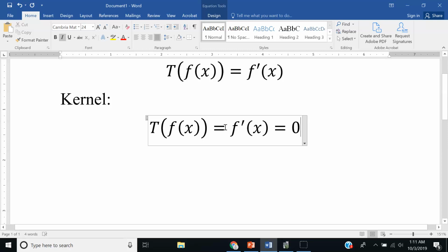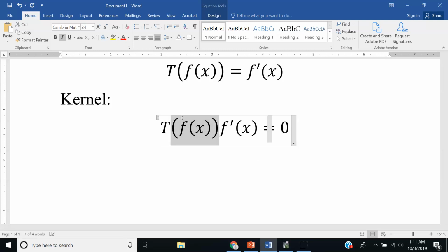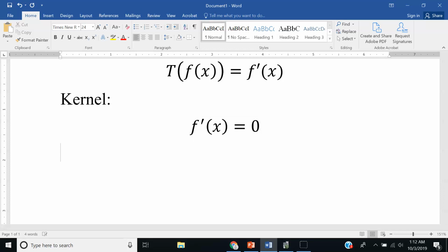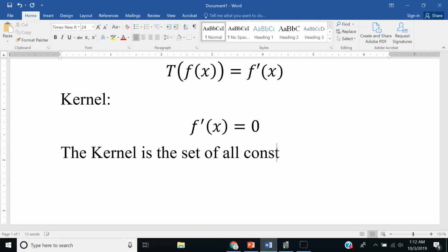So the kernel is going to be all functions with derivative of 0. Now we know those functions better as constant functions. All right? So the kernel is the set of all constant functions.